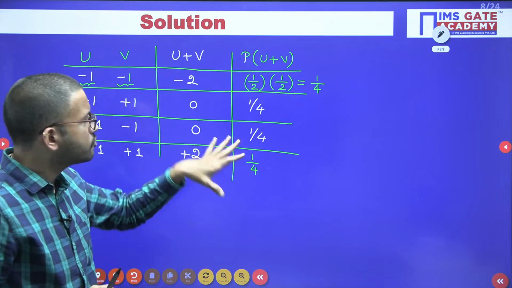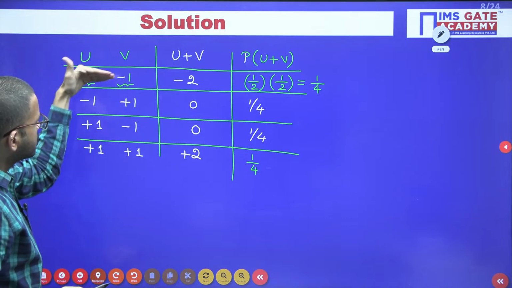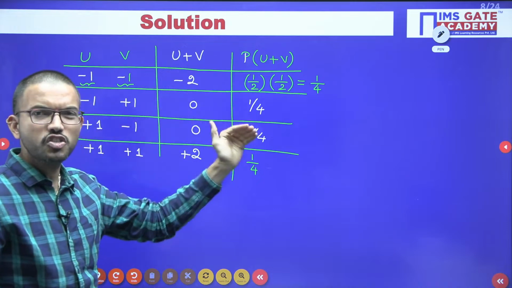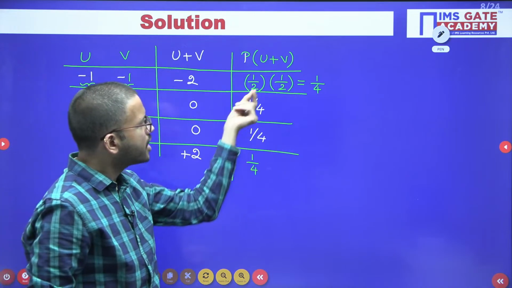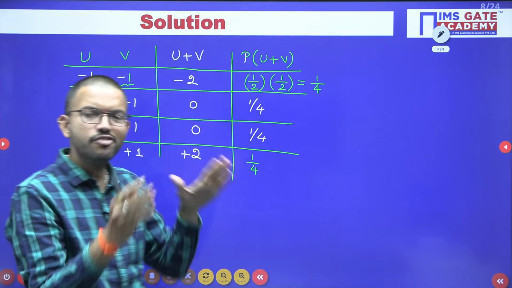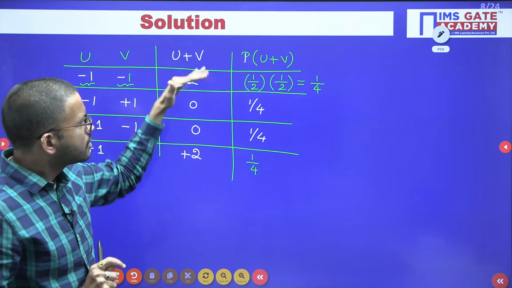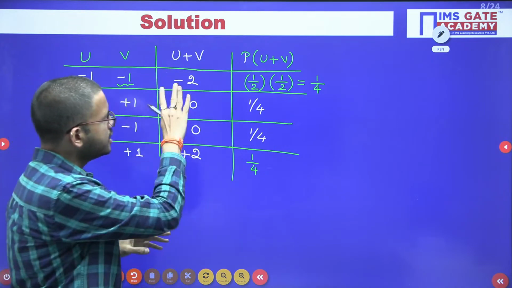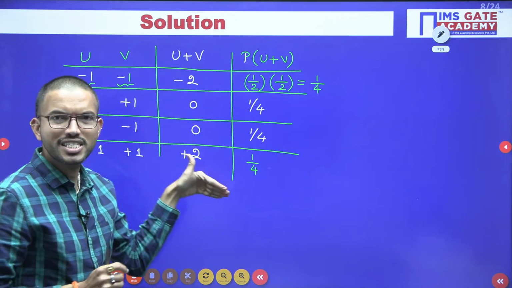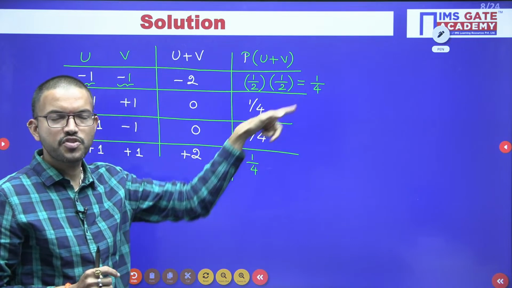In other words, regarding U and V, since there are 4 combinations, for every combination you are getting something as the output. In this particular example you are having 3 distinct values, but if you were having 4 distinct values, for every distinct value you would have equal probability.